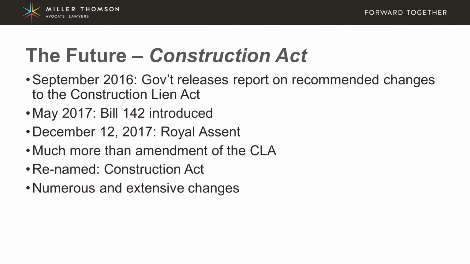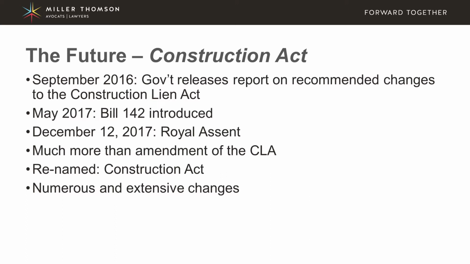So to remedy that issue, in September 2016, the government released a report on recommended changes to the Construction Lien Act. This led to Bill 142 being introduced in May of 2017.